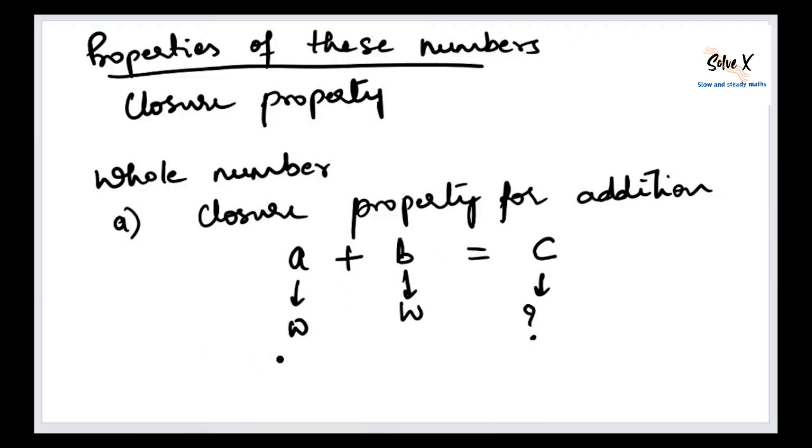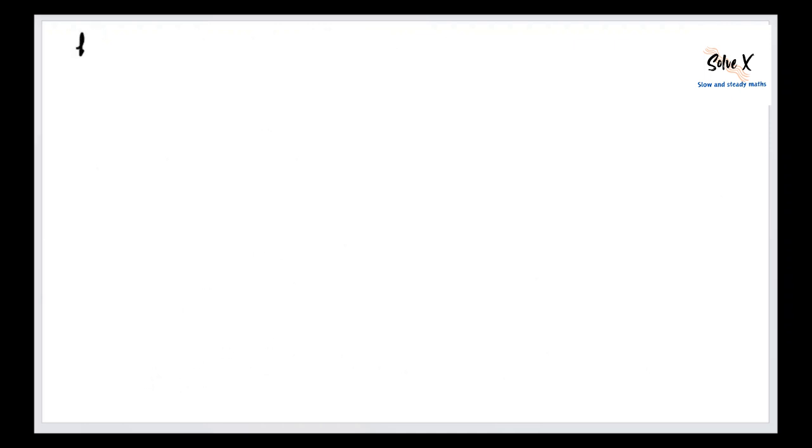We'll take a random example of a whole number: 3 is a whole number plus 0 is a whole number. The sum of 3 plus 0 is 3, which is also a whole number. So what can we say now? Whole numbers are closed for addition.